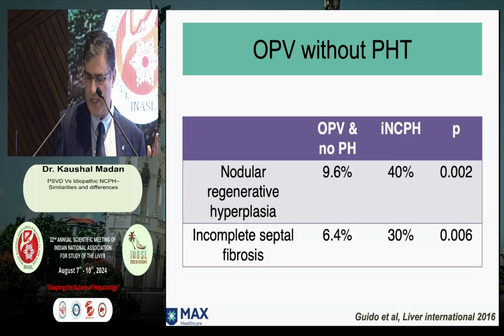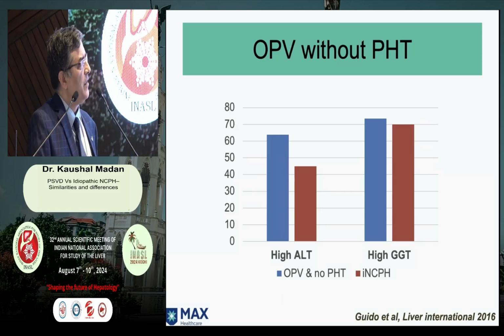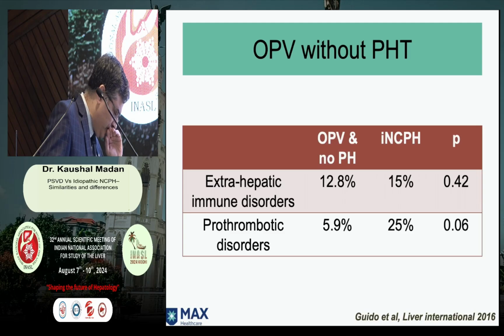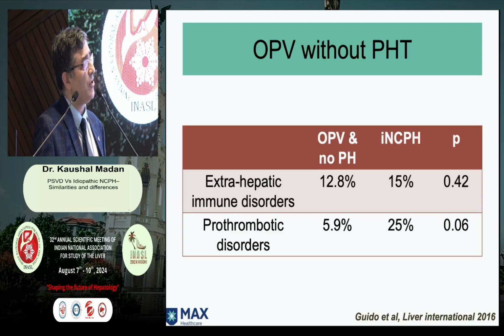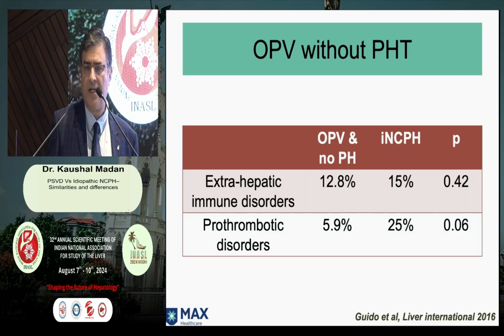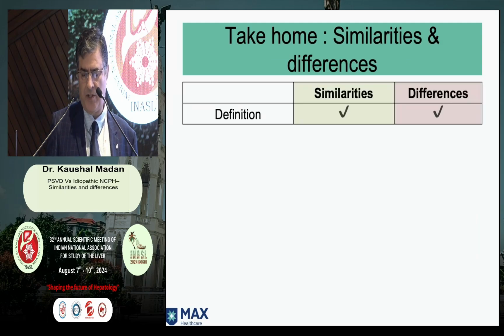We need more data, more longitudinal data. Their laboratory parameter behavior was similar. Their prevalence of other extrahepatic immune disorders and prothrombotic states within the two groups were similar.